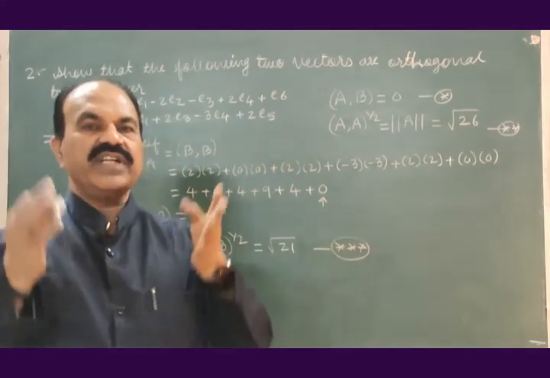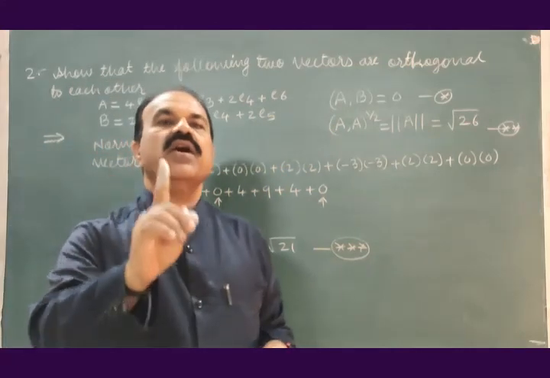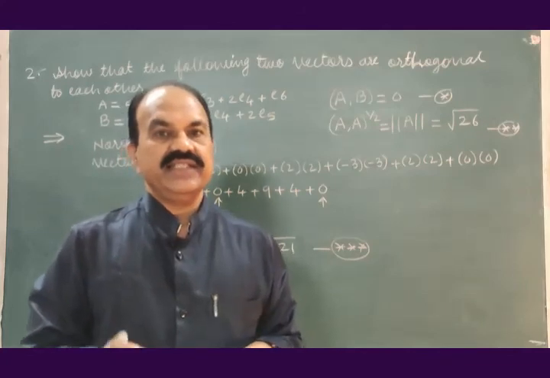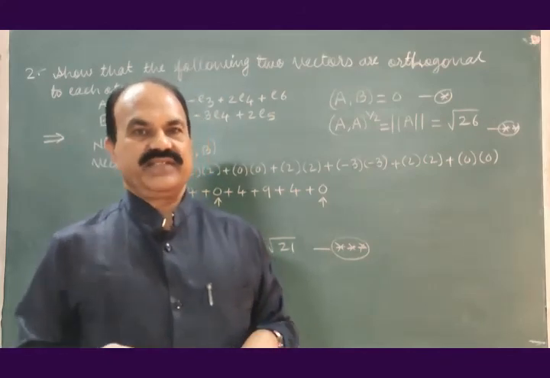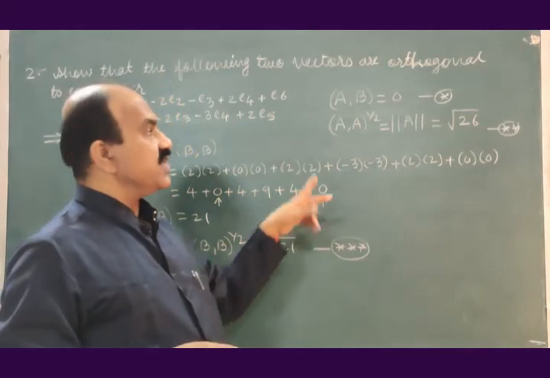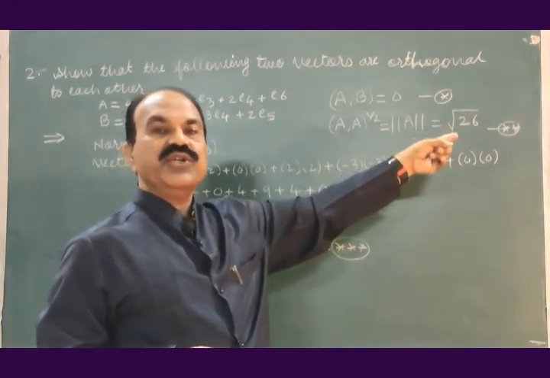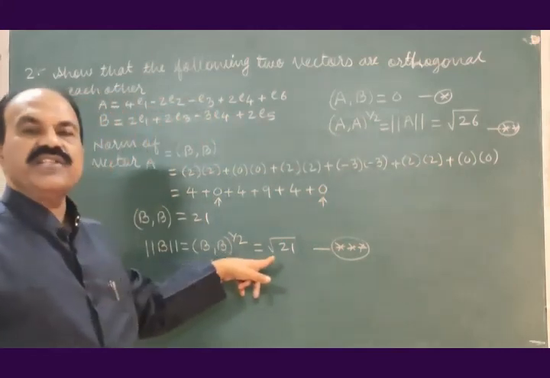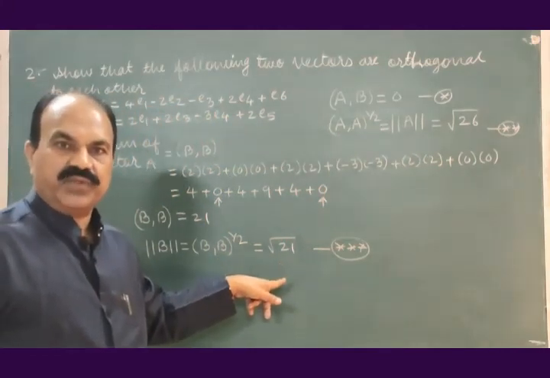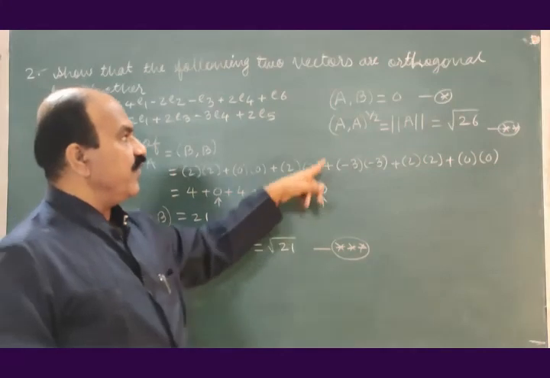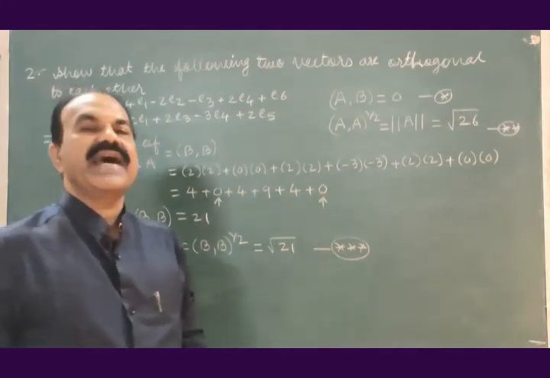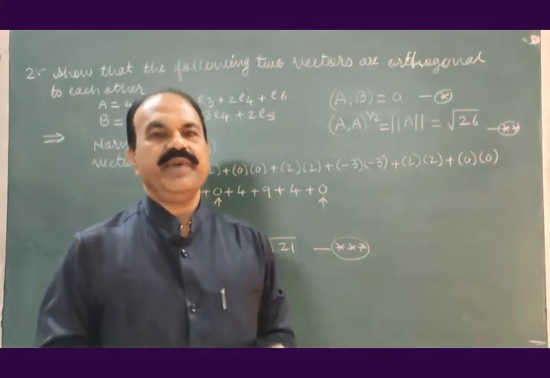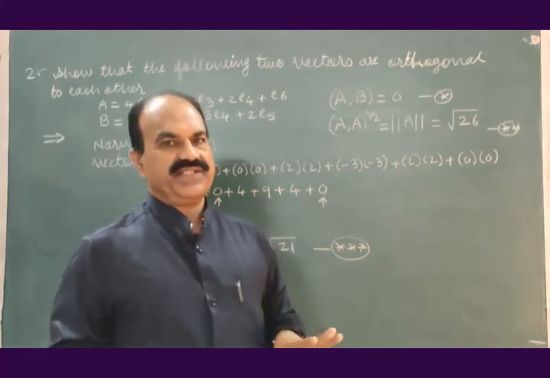If the norm of a vector is 1 or unity, then only we say that the vector is normalized. Here, norm of A and norm of B are not unity, and therefore vectors A and B are not normalized.